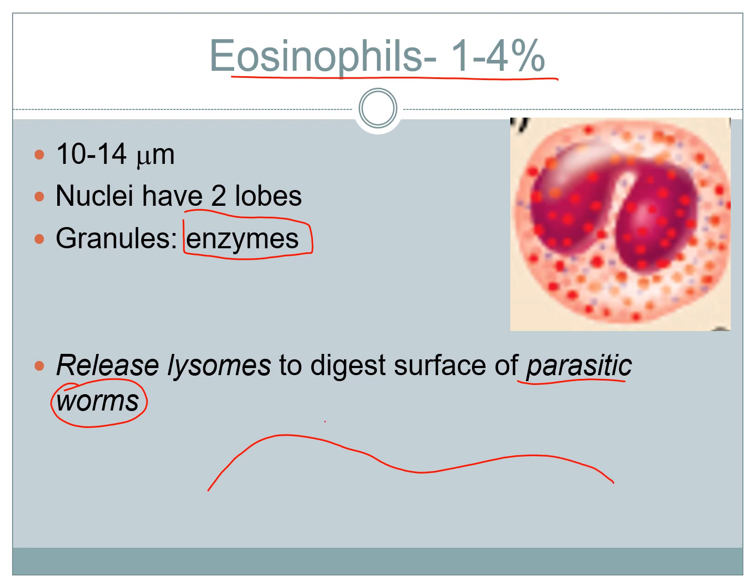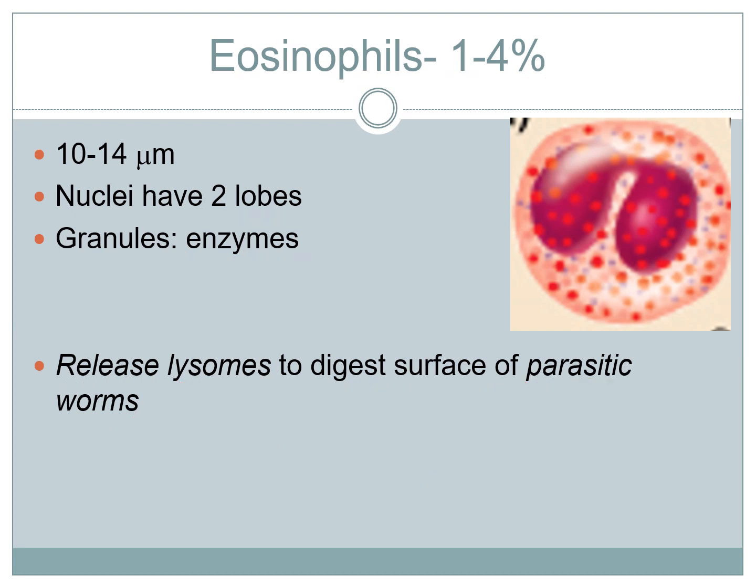So what eosinophils will do is they'll land on the surface of the actual worm and inject lysosomes into the cellular structure of the parasite and it'll digest it. So many eosinophils will digest it. If you have a worm infestation and you take a blood test, you will find an increase of eosinophils. That's how it works.